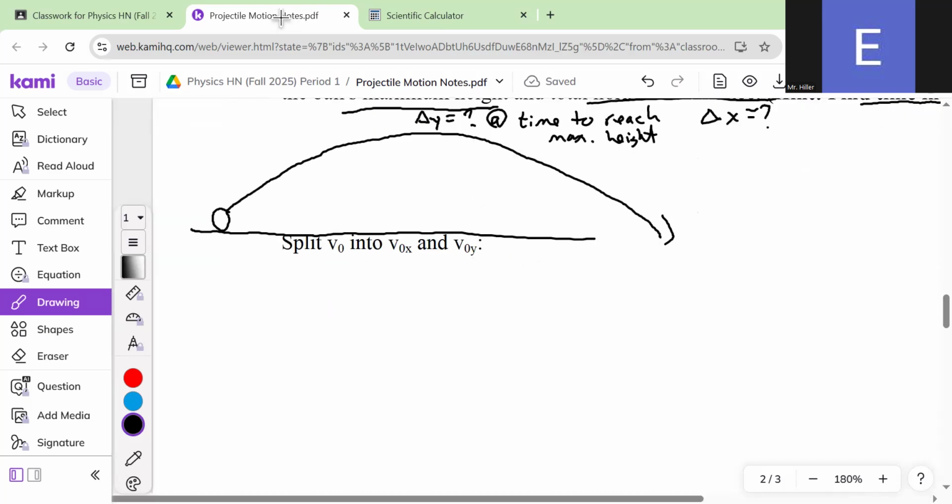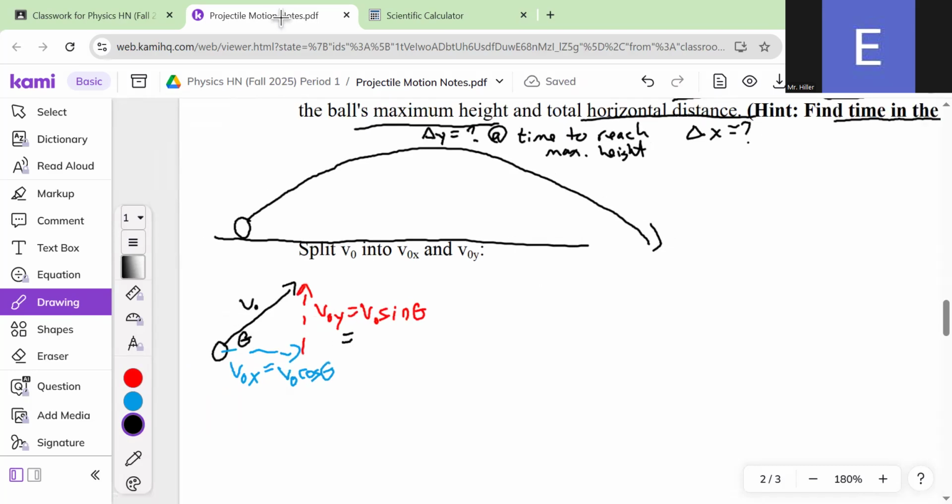So the first thing we have to do is split V naught. If this is my V naught, I have to split it into my horizontal component and my vertical component. There's my theta. The blue component is the adjacent side of the triangle, V naught x. That's just going to be your hypotenuse, V naught, times the cosine of the angle. My red component, my vertical component, that's V naught y. That's going to be my hypotenuse V naught times the sine of the angle. So I'm going to find those two values.